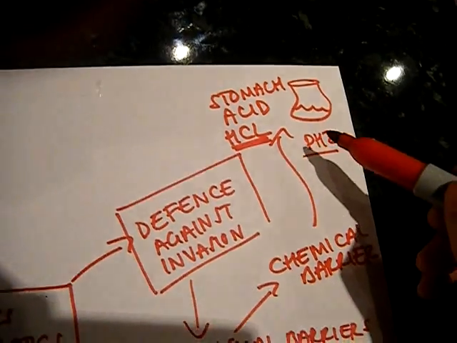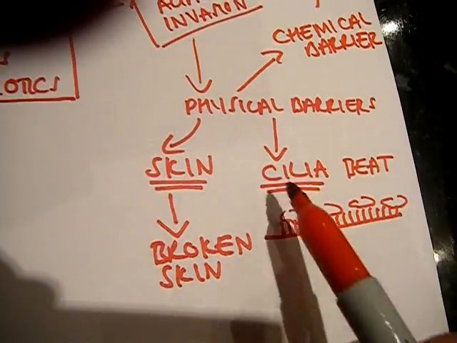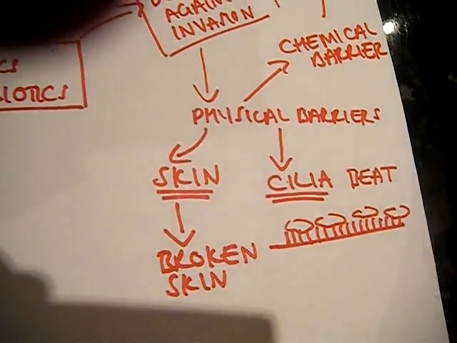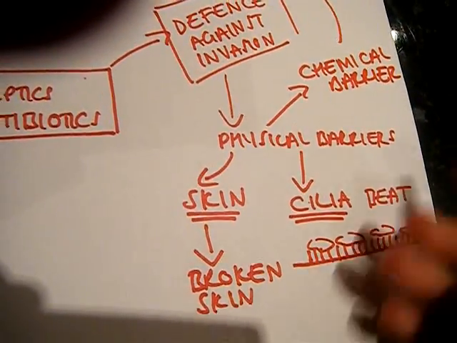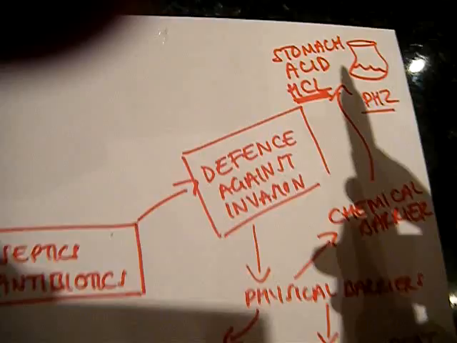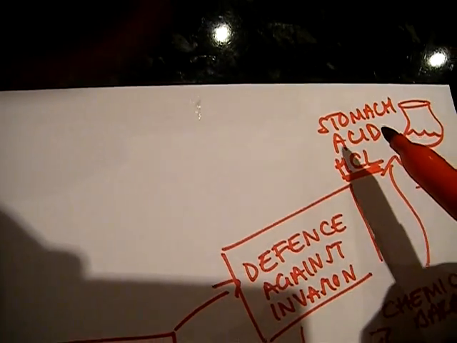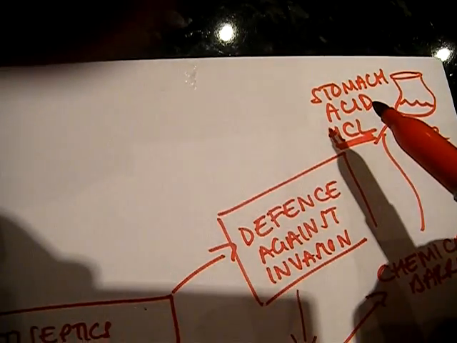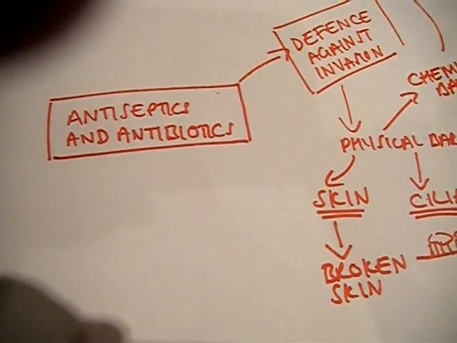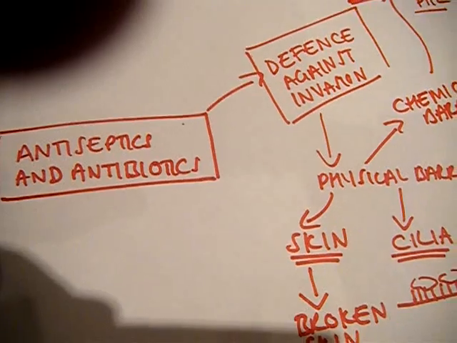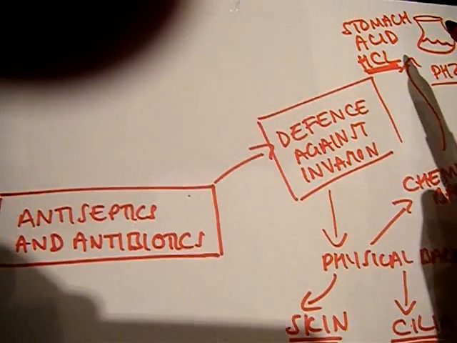It's really acidic, and once your cilia have wafted all the nasty little beasties to your stomach, the stomach acid is then squirted in to try and kill as much as it can. So that's pretty much it for physical barriers and chemical barriers.